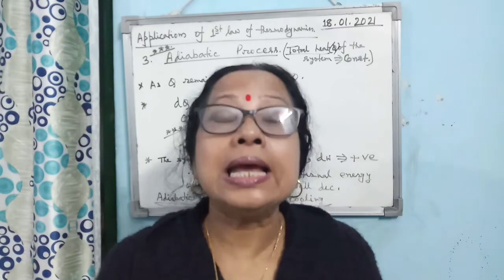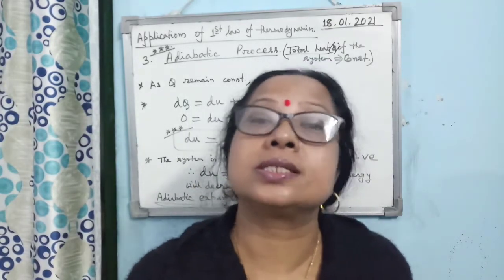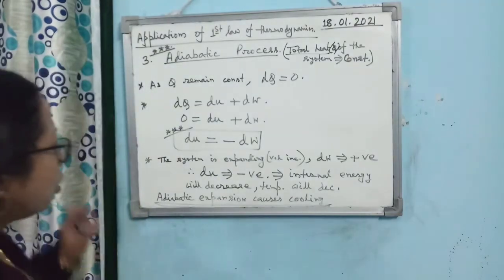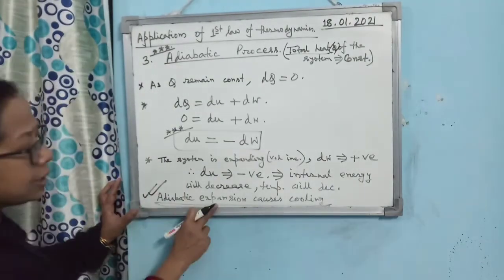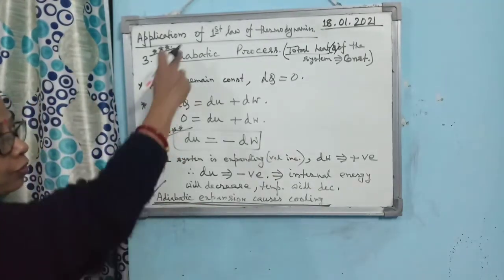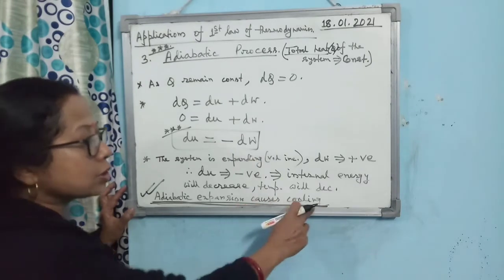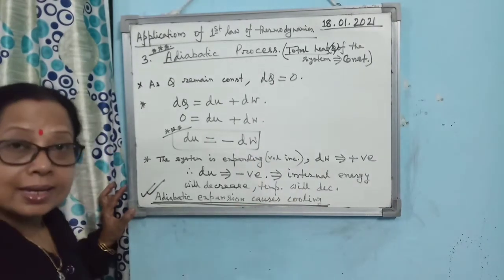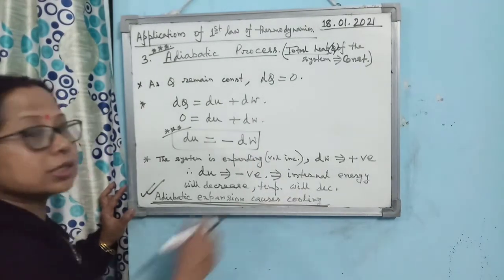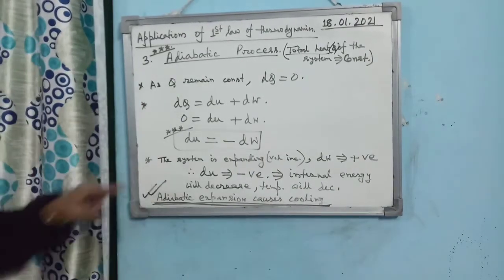Internal energy will decrease. When will internal energy decrease? When the temperature of the system decreases. So adiabatic expansion causes cooling. The probable question from this discussion: show that adiabatic expansion causes cooling, or why adiabatic expansion causes cooling. Then from this point to this point you have to write the answer.